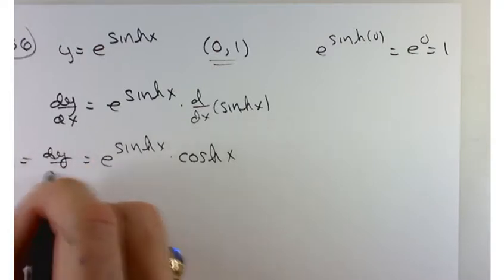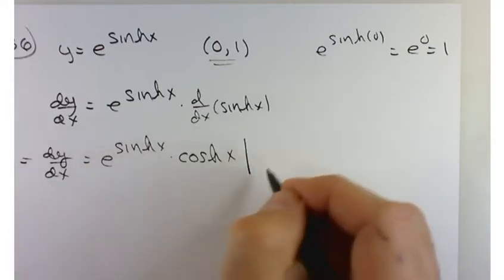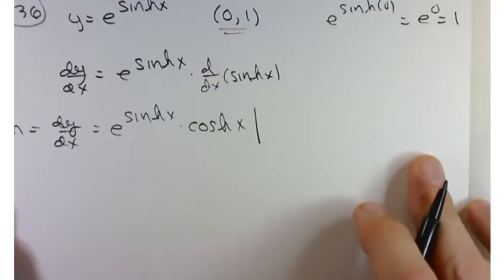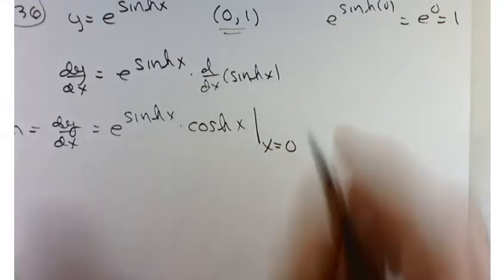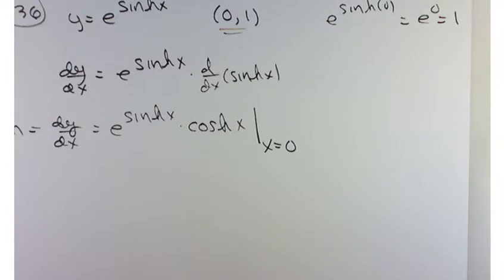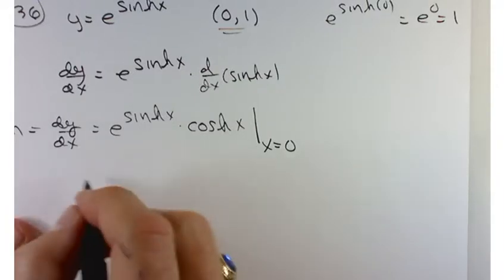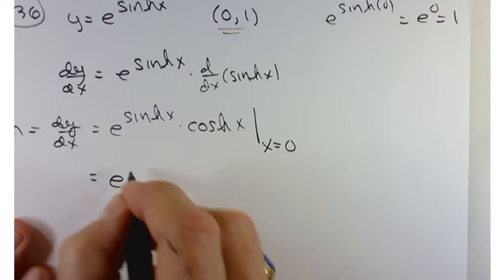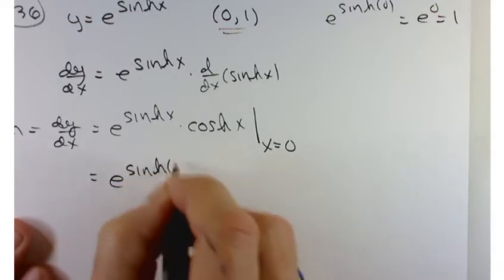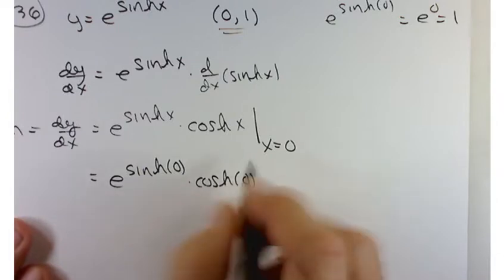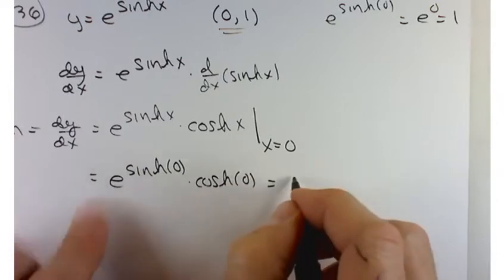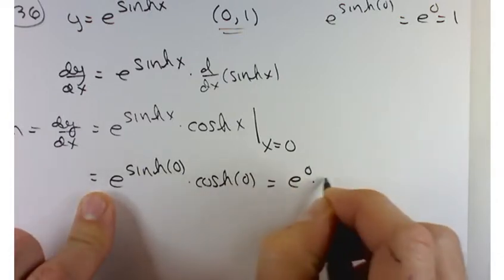dy by dx. I'm going to need to evaluate that at x equals 0. So that's going to be e to the sinh of 0 times cosh of 0, which is going to be e to the 0 times 1.